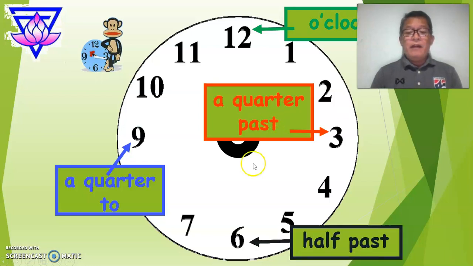And if the long hand is on the 6, we call it half past. O'clock, quarter to, quarter past, and half past. You have to remember wherever the long hand and the short hand point, 1, 2, 3, 4 until 11. We read the hours first and then the long hand, the minutes.